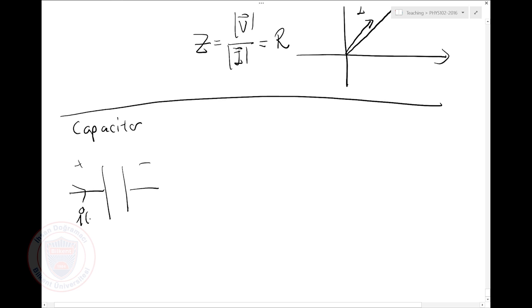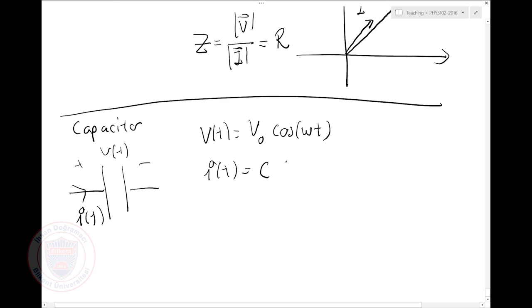Now, if I have a capacitor, if I apply a voltage V of t, V0 cosine omega t to it, what's the current across the capacitor? What was our defining equation?